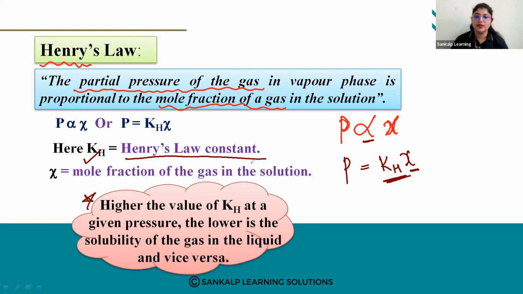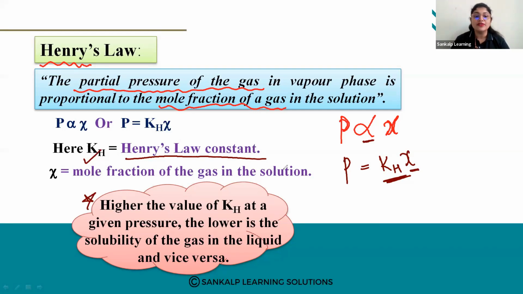Then remember that the higher the value of Kh, the higher the Henry's law constant at a given pressure, the lower is the solubility of the gas. So it is inversely proportional.